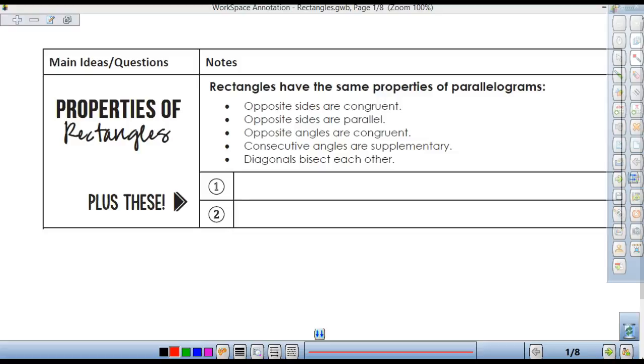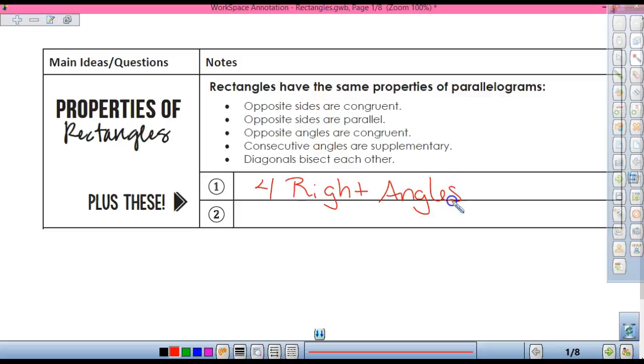Now, we're going to talk about rectangles. Okay, and a rectangle is a parallelogram. So all 5 properties of a parallelogram are included, plus it has 4 right angles.